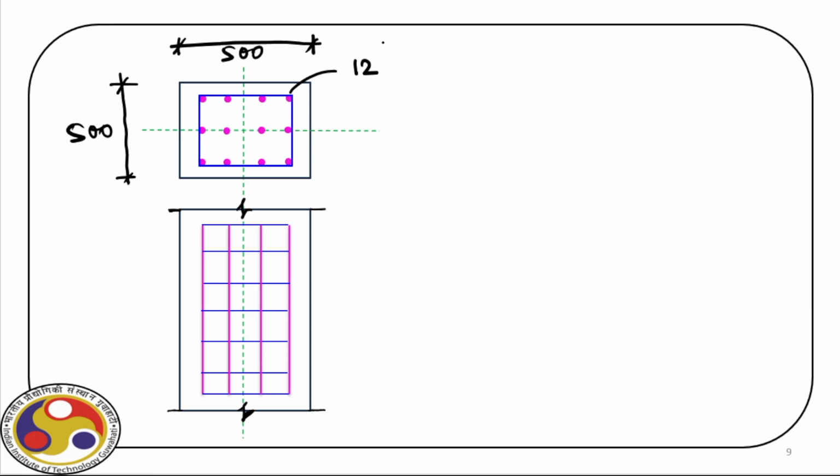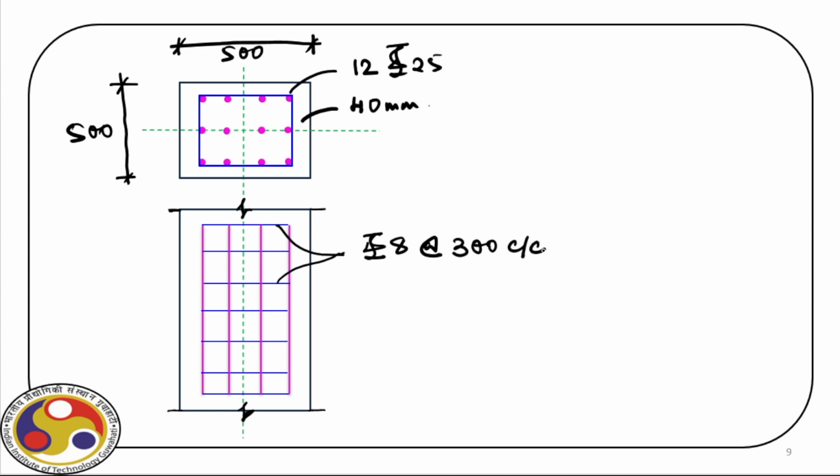So 12 phi 25, that is the longitudinal bars, and then clear cover of 40 millimeter. The lateral ties here we have phi 8 at the rate 300 center to center.